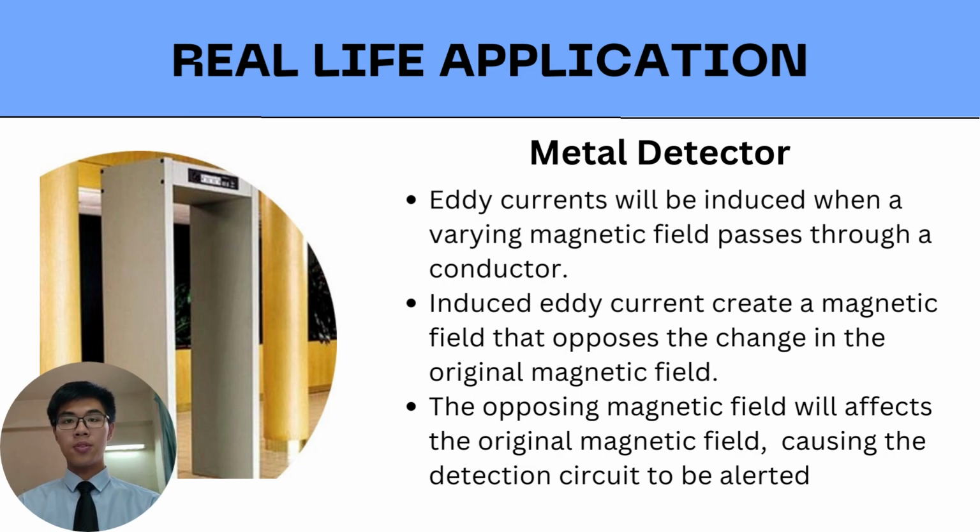According to Lenz's law, the induced eddy currents in the metallic object create a magnetic field that opposes the change in the original magnetic field of the metal detector's coil. The opposing magnetic field generated by the induced eddy currents will affect the original magnetic field produced by the metal detector's coil. The alteration in the coil's magnetic field will lead to the metal being detected by the detection circuit of the metal detector.